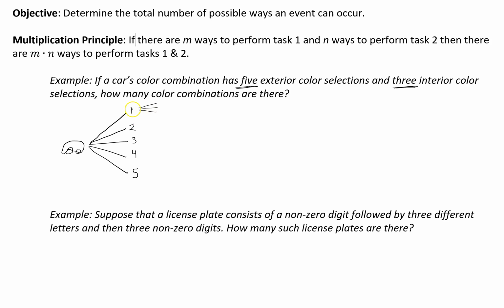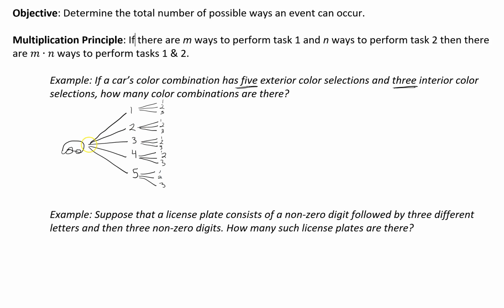So color 1 on the outside would then have 3 interior colors I could pick from. And same for color 2 on the outside. We can see that there's a lot of branches altogether. By the time we're done, we could count how many little tiny branch options we have all together.